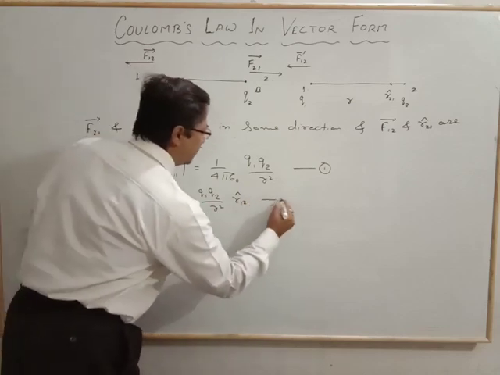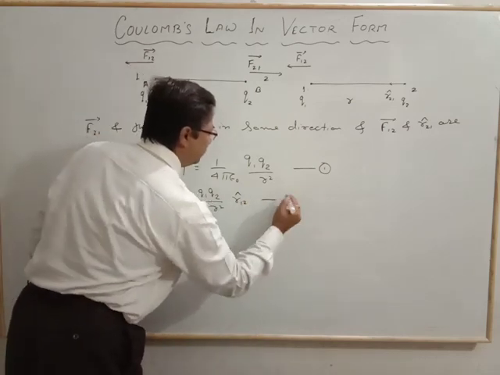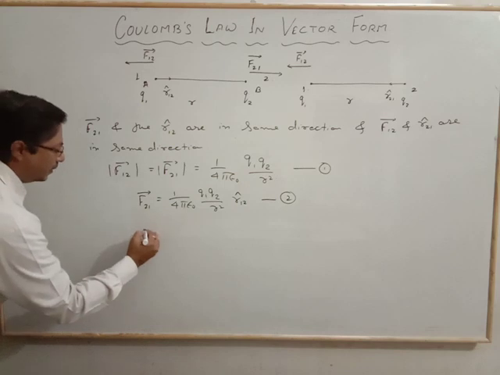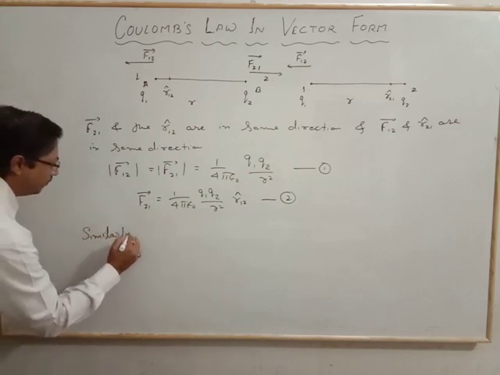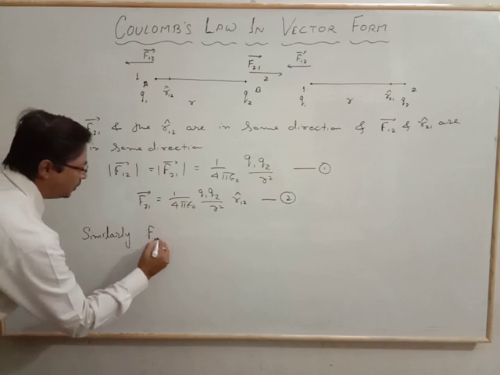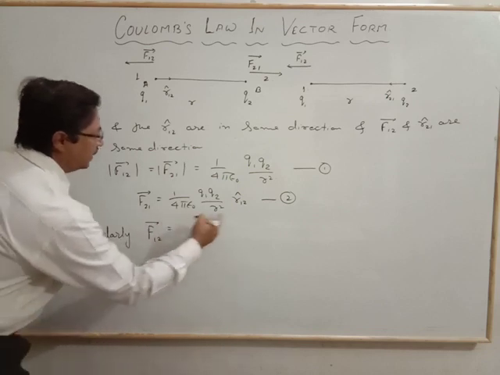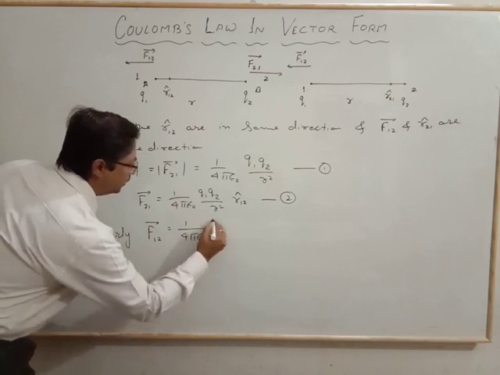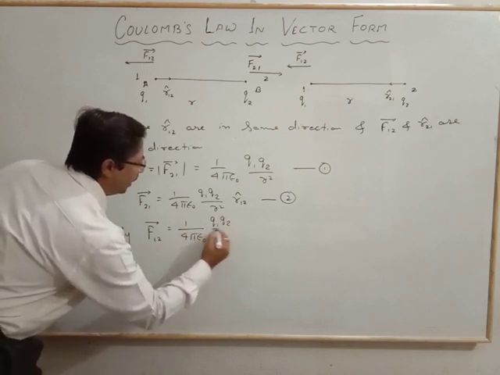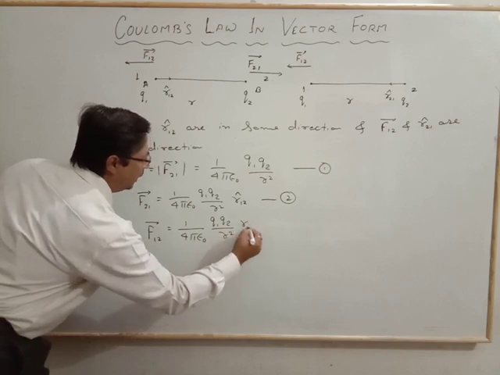This is equation number 2, and similarly F12 is represented as the magnitude 1 by 4 pi epsilon naught Q1 Q2 by R square, and the unit vector R21.